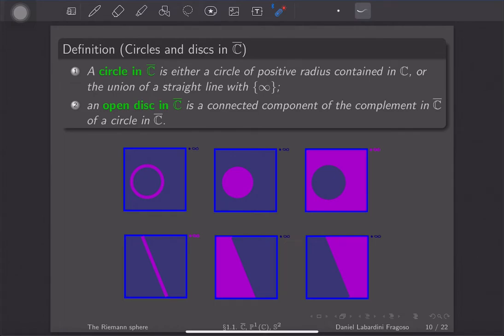In this case it's really easy to see, because it's just the interior and the exterior, if you like. Each of those connected components I'm going to call an open disk. But here it's the complement in C bar, so all of this together with the point at infinity, I call an open disk.